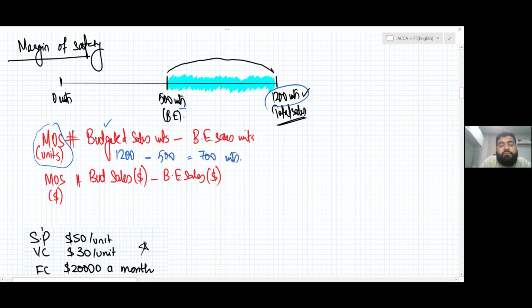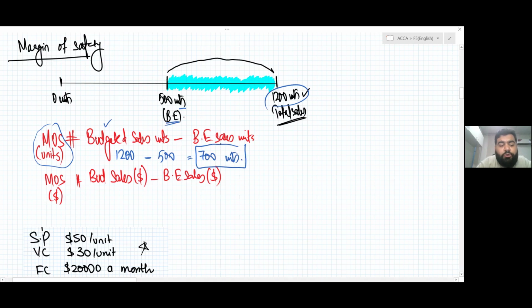It means that if you are not able to sell these 700 units, you will again reach your break even point, and there is a risk of loss you can incur. So you need to increase that margin so that you are a lot ahead of this break even point. That was in units.